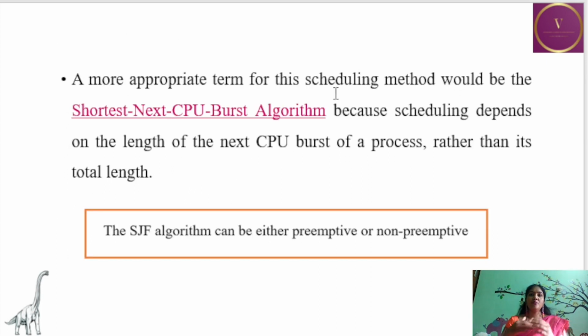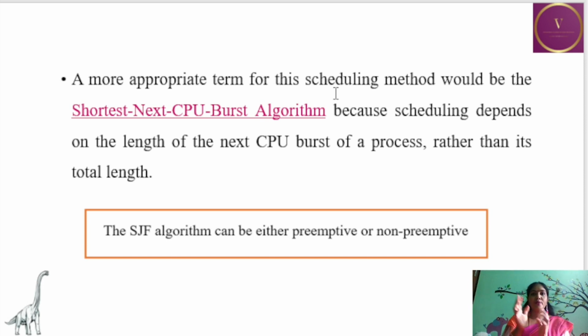The most appropriate term for this scheduling method would be the shortest next CPU burst algorithm, because scheduling depends on the length of the next CPU burst of a process rather than its total length. This is what we discussed earlier. It talks only about the shortest next CPU burst time of a process.